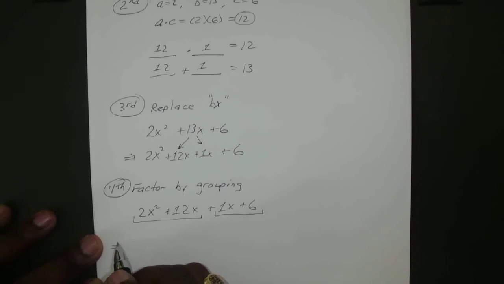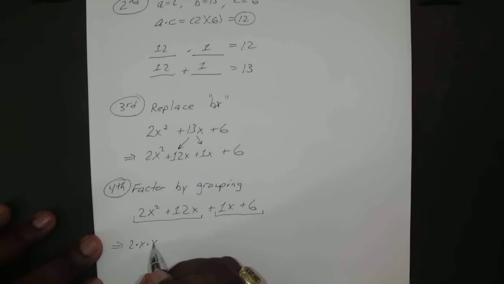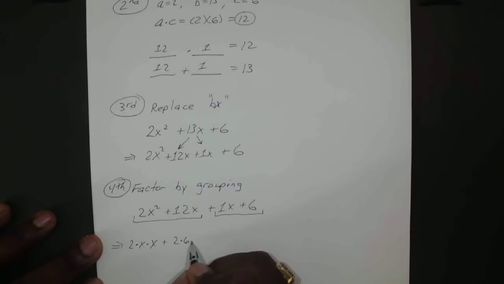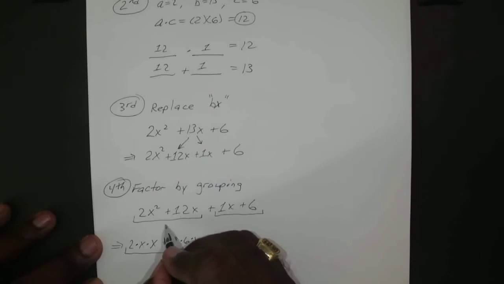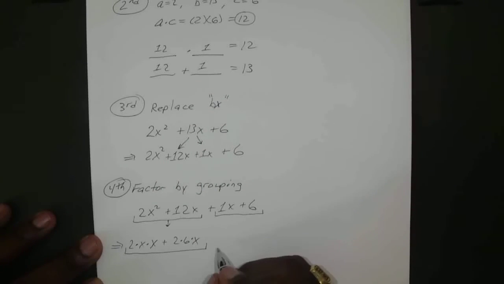Okay, so that means we can make this 2 times x times x. Plus 12x, we can make that 2 times 6 times x. And draw a little arrow there.